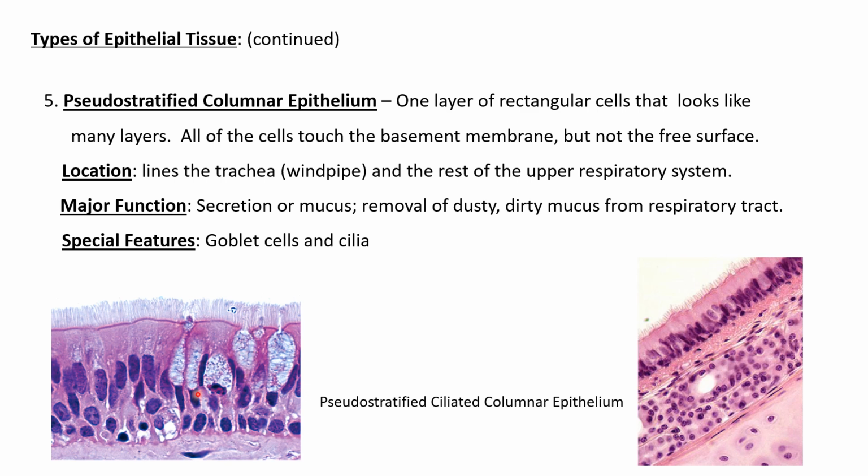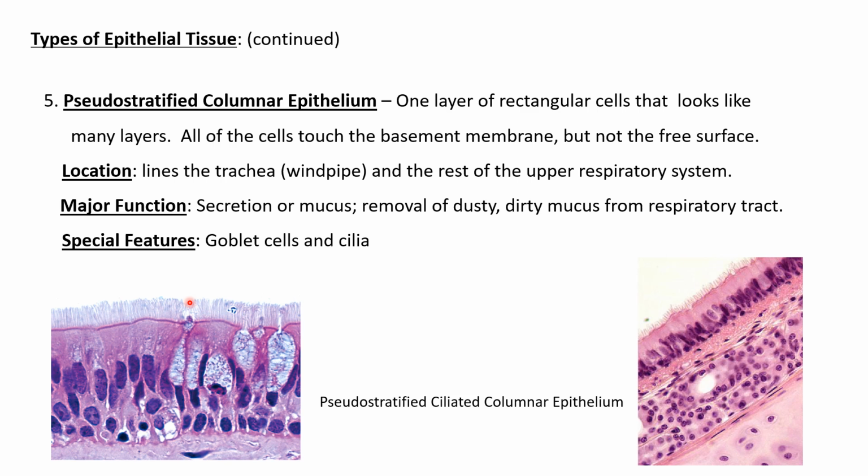So see right here the goblet cells secreting mucus. And see the little cilia here? What will happen is when you breathe air, the air is going to go into your trachea and into your bronchi and your bronchioles. And then it's going to have this layer of mucus.